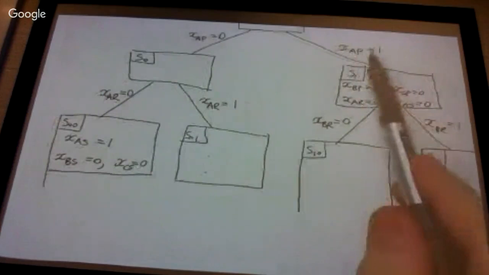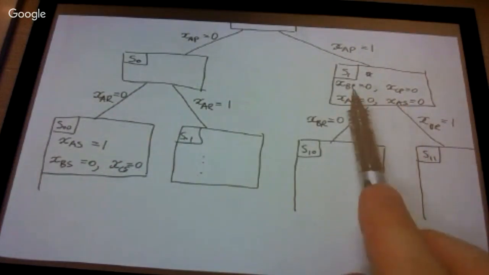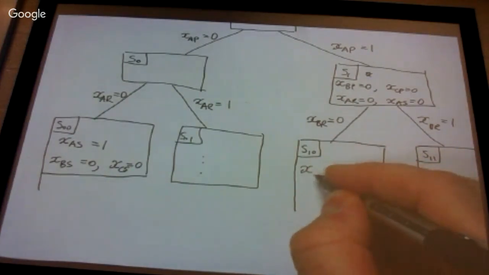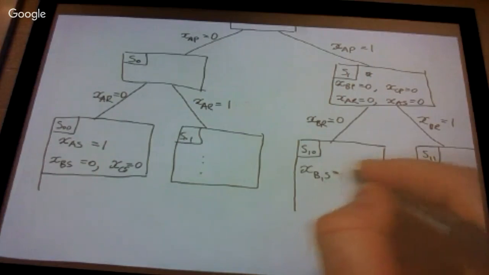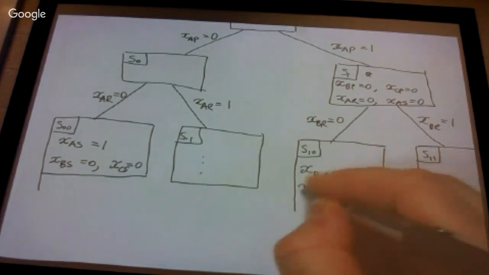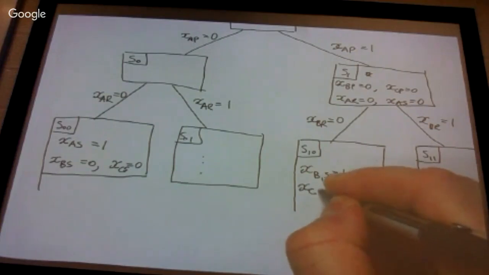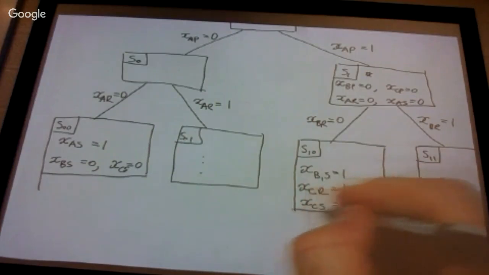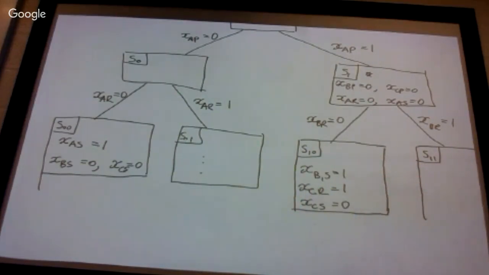So we know XAB, XAR, XAS, XBP, XCB, XBR. Then when you look at all these other constraints, you realize that we also have to have these values. Now all 9 of these decision variables are already determined by the constraints and the choices that we have.